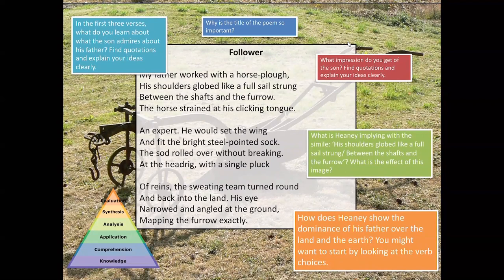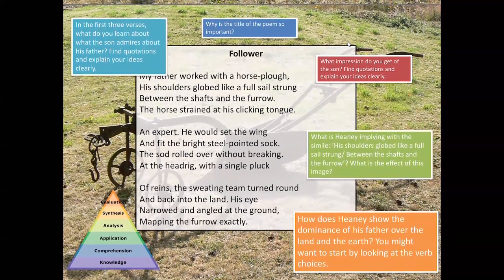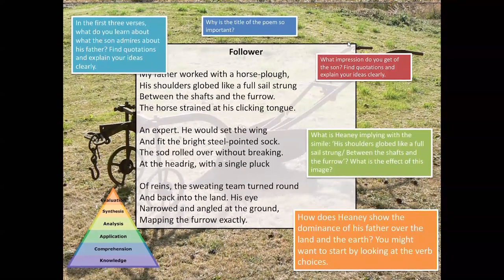When we're analysing poetry, especially unseen poetry, if you can find any juxtapositions or contrasts within the poem, it can be a really easy way to get yourself some acknowledgement for talking about structure and how structure shifts within the poem. What is Heaney implying with the simile? "His shoulders globed like a full sail strung between the shafts and the furrow."